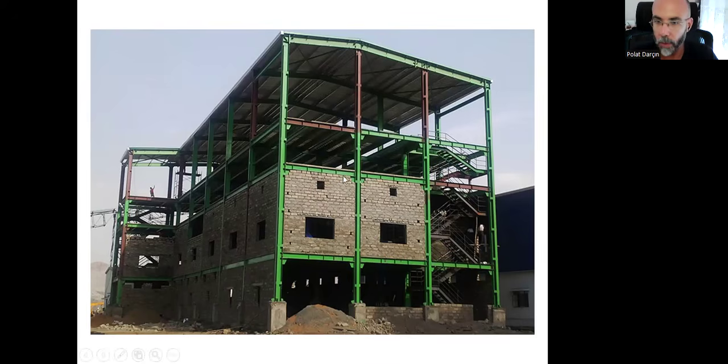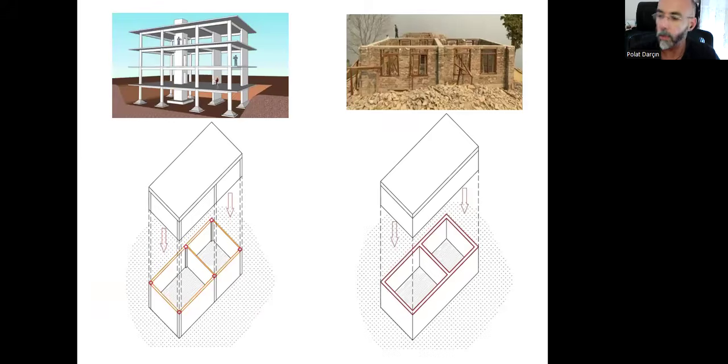But here, if I remove this wall, nothing will happen. The structure is there because in skeletal systems, walls do not function to carry the loads. But in masonry systems, walls carry the whole loads of the building.